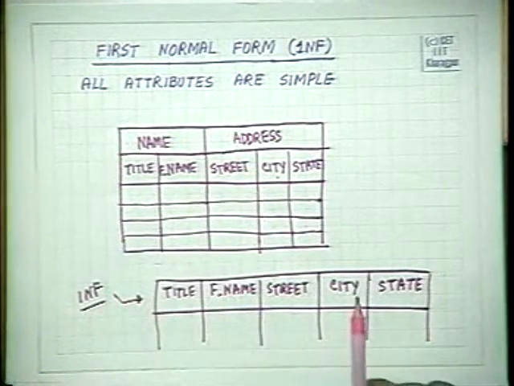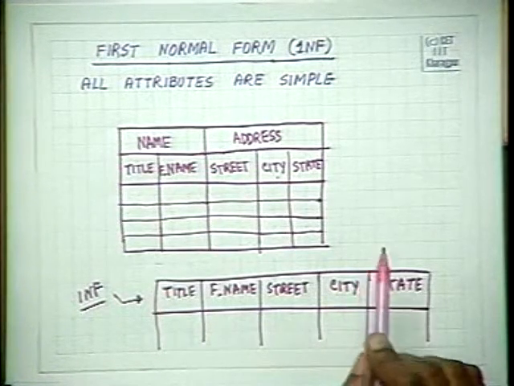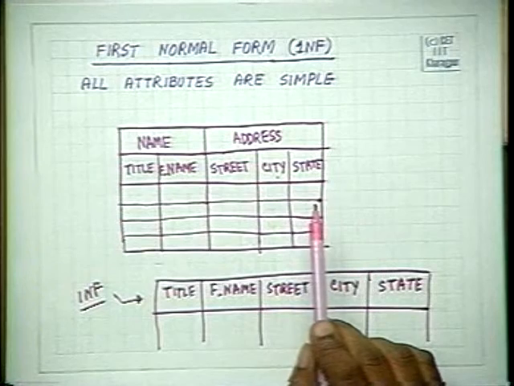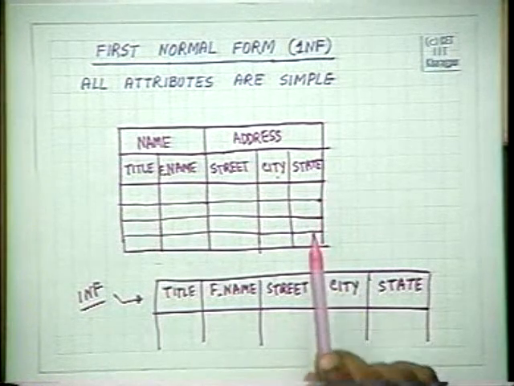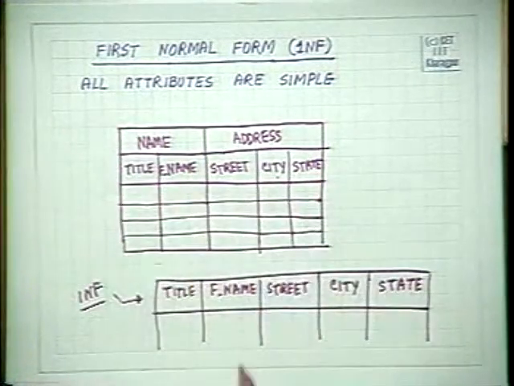The first normal form does not even check for functional dependencies. It says that a relational scheme is in the first normal form if it is simple, if all attributes are simple. Anyway, till now we have discussed only simple ones, and it does not even consider the concept of a functional dependency.